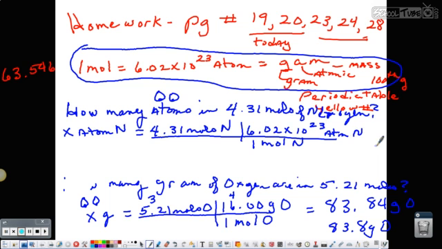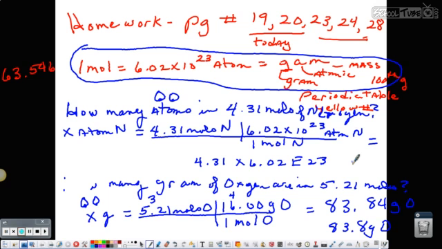Nitrogen. And ATM is an abbreviation for atoms. Alright, take out your calculator. Remember, when you put in this number, it's going to be 4.31 times 6.02 E23.